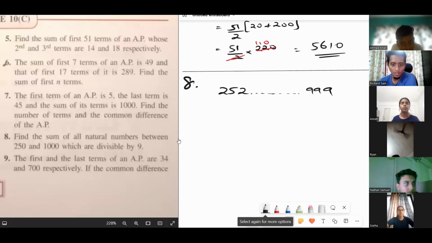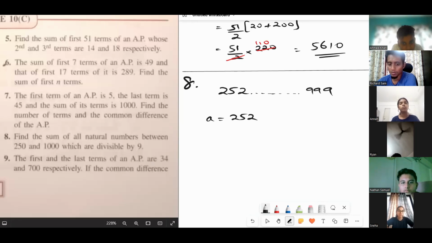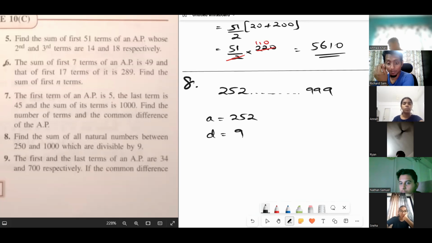Okay. So what all we know? We know A. A is 252. What else do we know? D. The difference is, what's the difference between two consecutive terms? 9, because they're all multiples of 9, numbers which are divisible by 9.